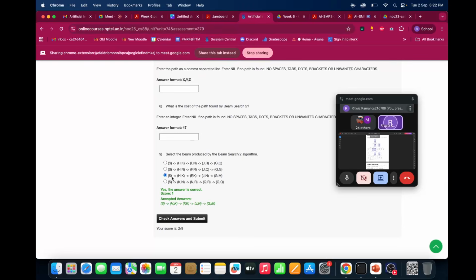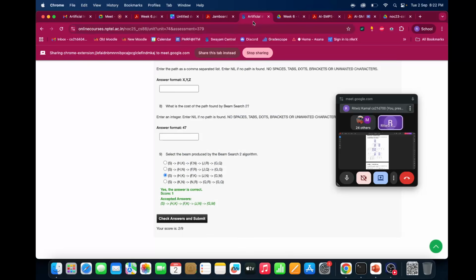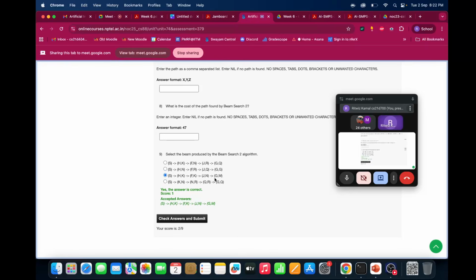No, it's the same, right? First is S, then HK, then FK, right? Yes. Then JN, right. But in the expected answer choice, it is JK. JN only, right? See, it's showing correct.